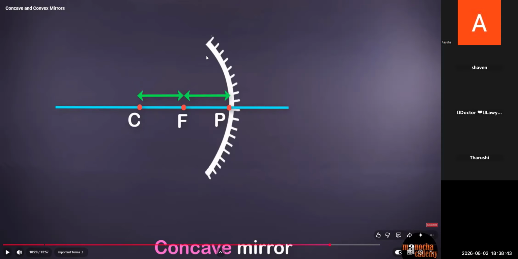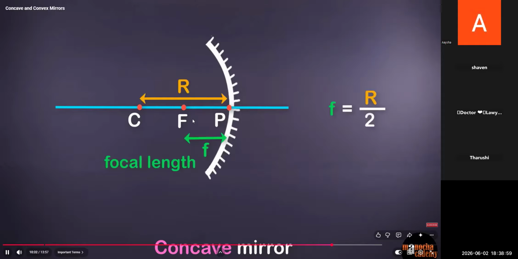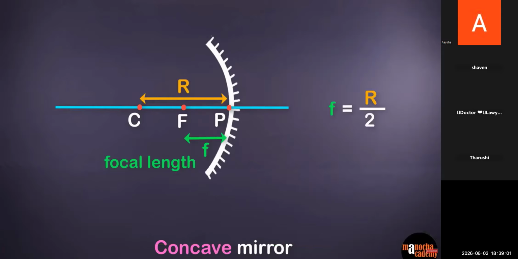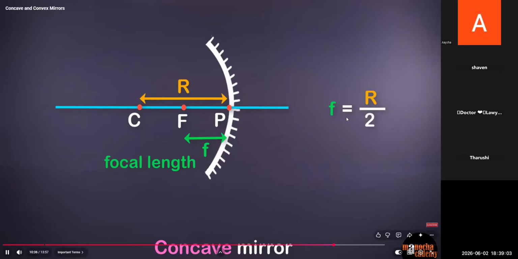Where all the rays are converging at this point, we call it focus or focal point, half of the radius. The focal length F is the distance between the pole and the focus. So focal length equals the radius of curvature divided by 2.